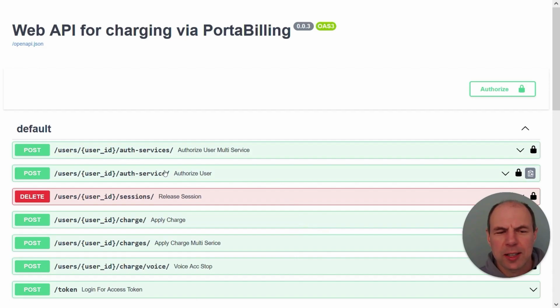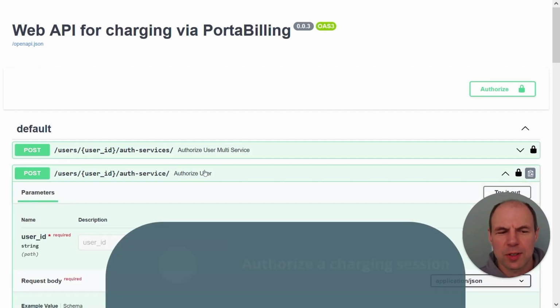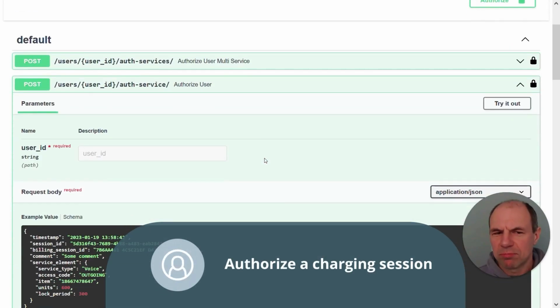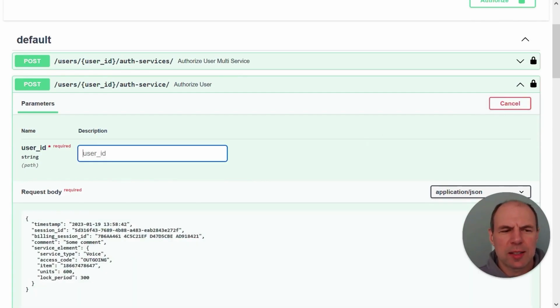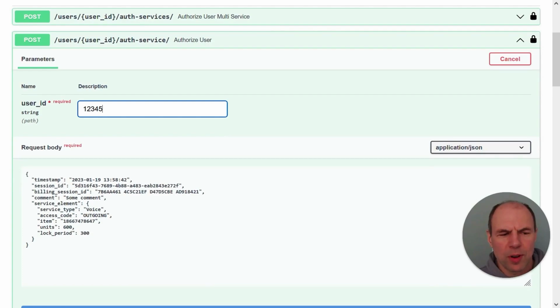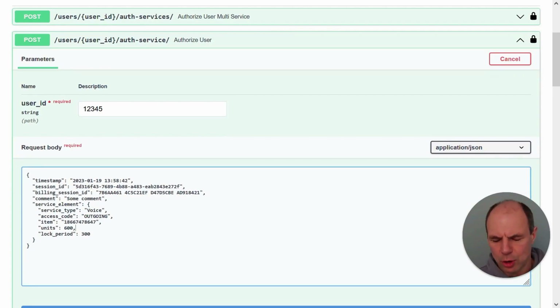And first, let's test the authorization of the service. So let's say a user just arrives at a charging station, and we want to verify that he's actually our valid customer and he is allowed to use that service. We have to provide the relevant information here.